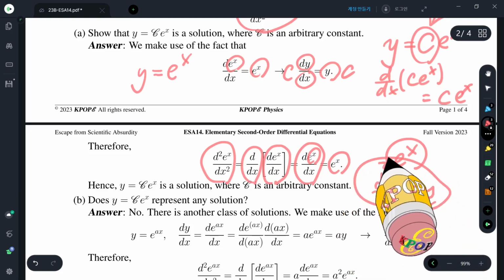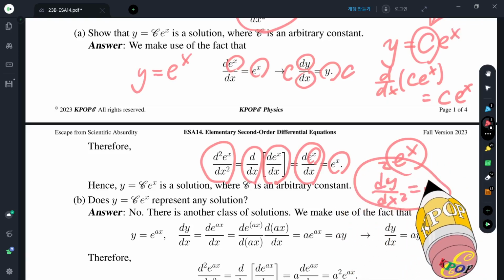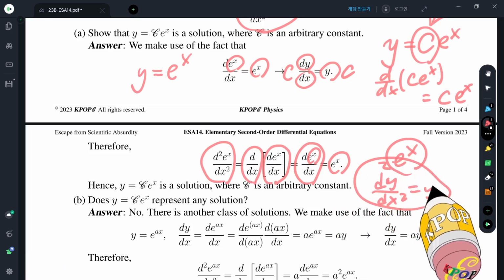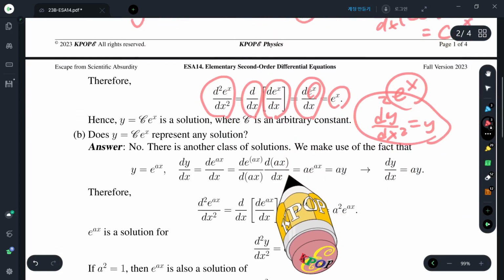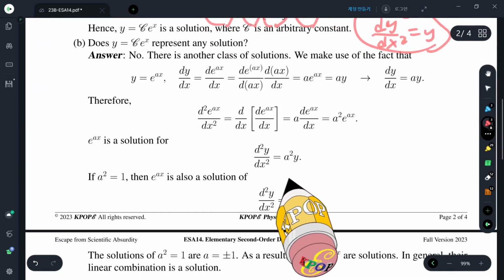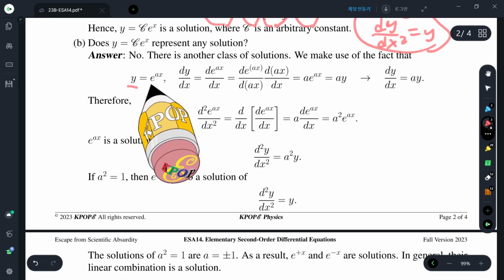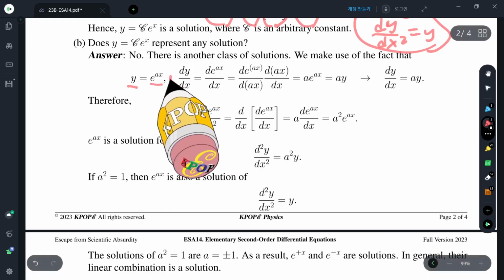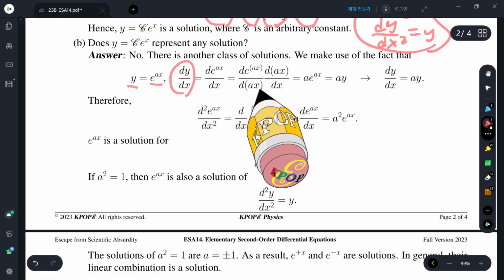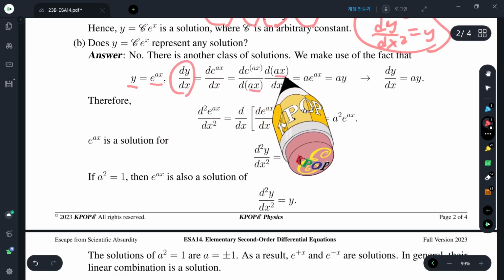So is that everything? Is there any other solution? Yes, there is. Let's see. y equals exponential e to the ax instead of e to the x. Its derivative we can find by making use of the chain rule.